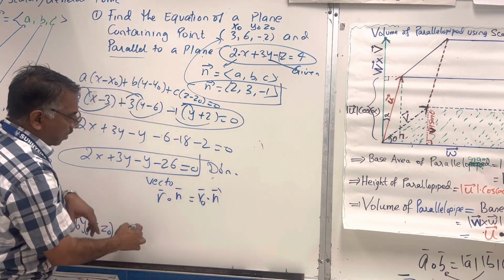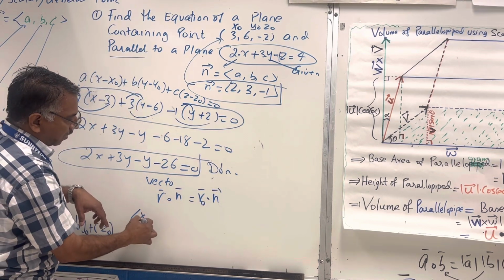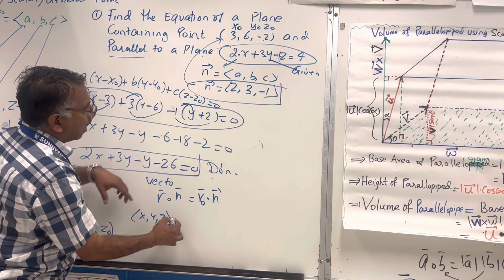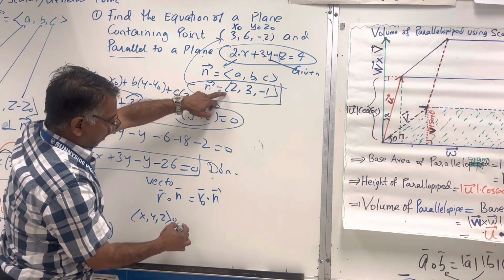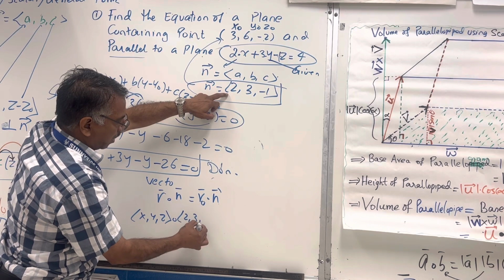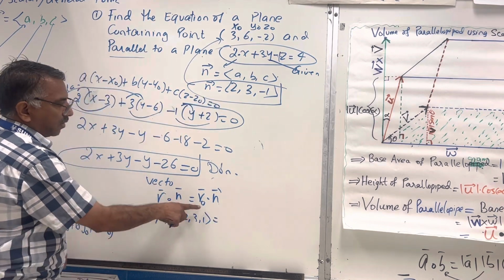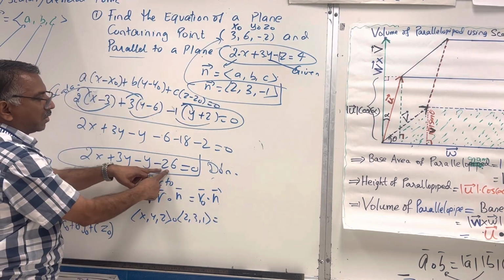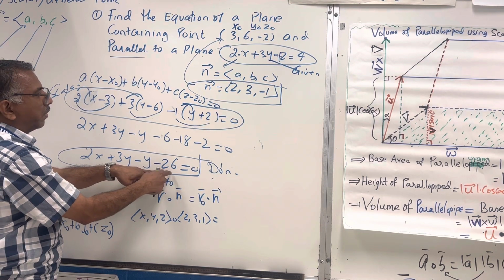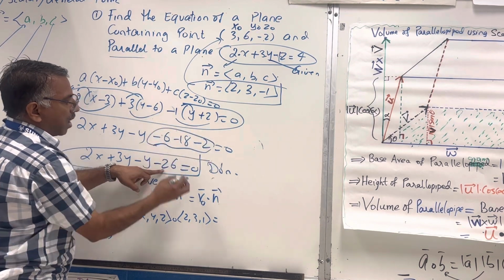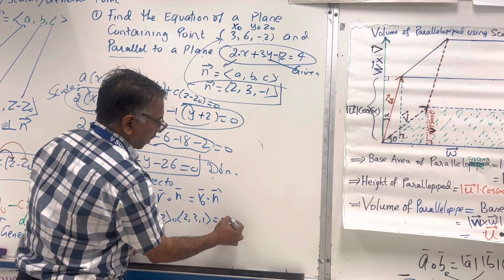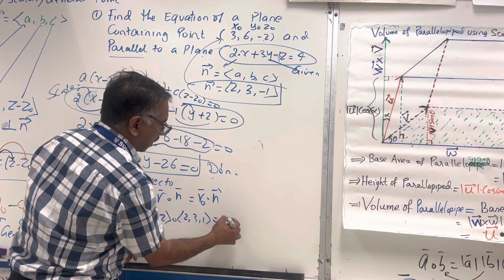So here your r bar is x, y, z, and this is a, b, c, which is 2, 3, minus 1, and the right side is -26.